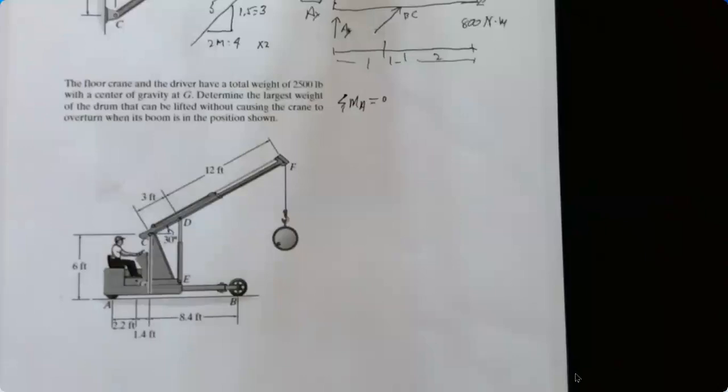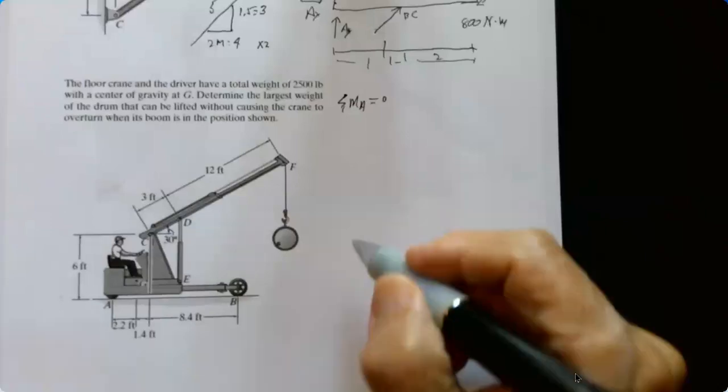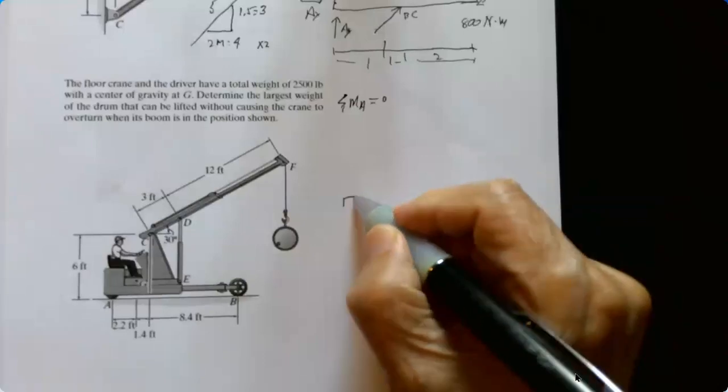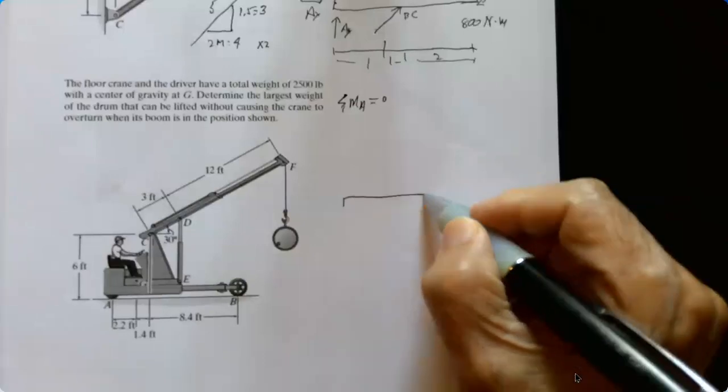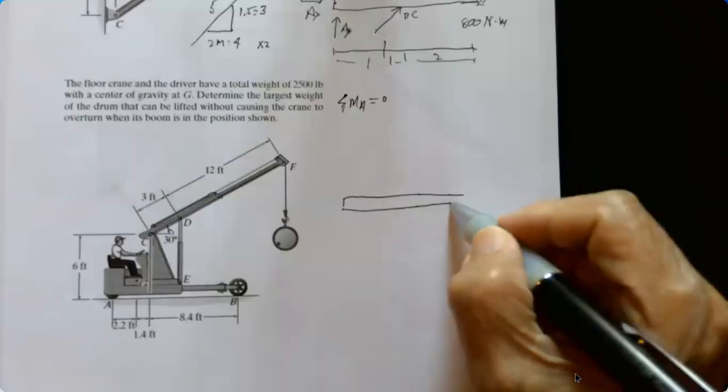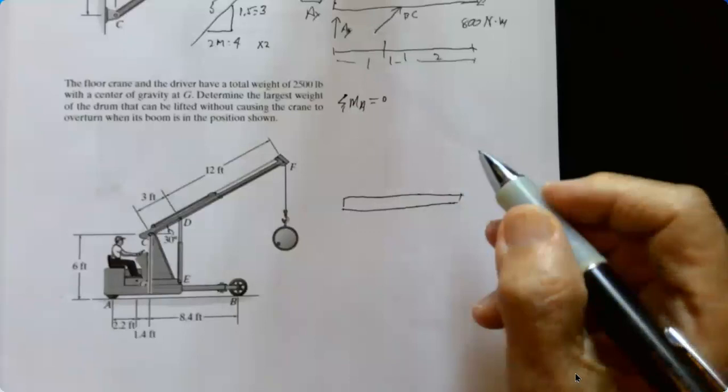This is going to be not quite as simple as the other ones because we have to show exactly what's going on in here. So I'm going to draw the base where the wheels are, like this as we're looking at it.